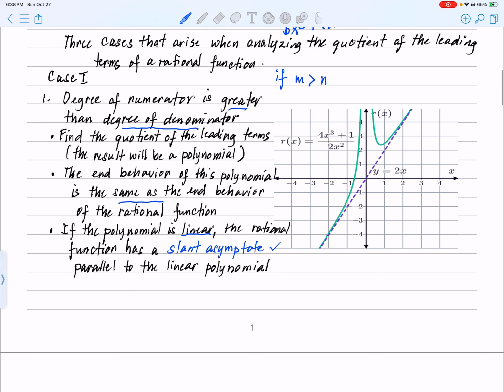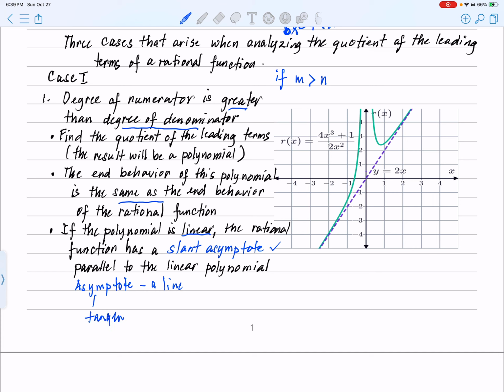If you remember the term asymptote, it is parallel to the linear polynomial. Remember in Algebra 2 what the asymptote means? Asymptote is a line, right? A line that continuously approaches a curve but does not meet it at any limited distance. Sometimes we call the asymptote the tangent.